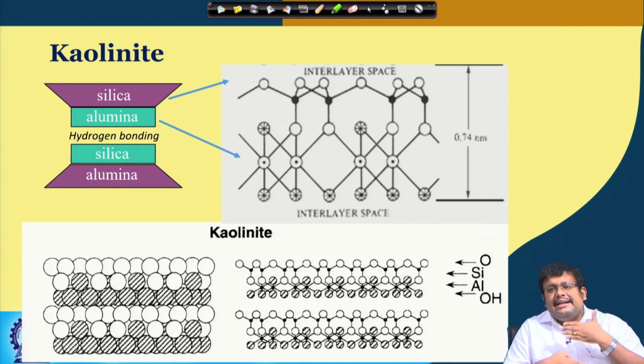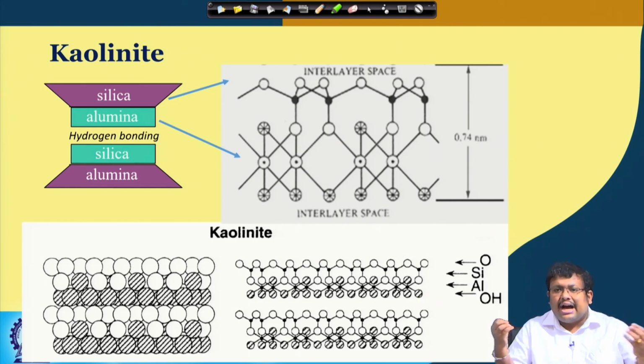As a result, their interlayer space is collapsed, and there is no chance of getting other ions in the interlayer space.